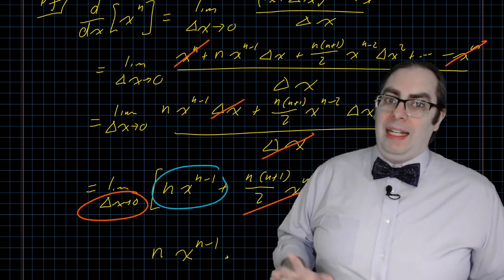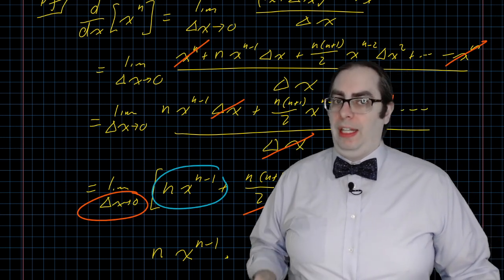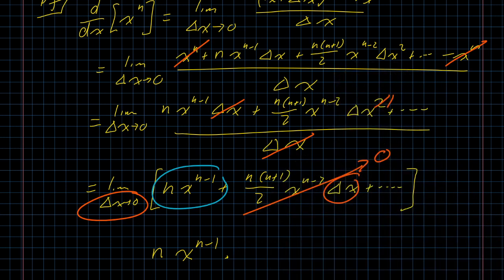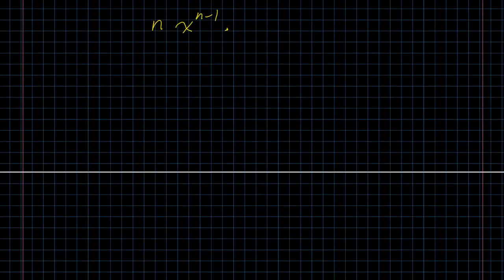All right. And now we have the two rules, linearity and the power rule. Together, those two rules allow us to take derivatives incredibly quickly.